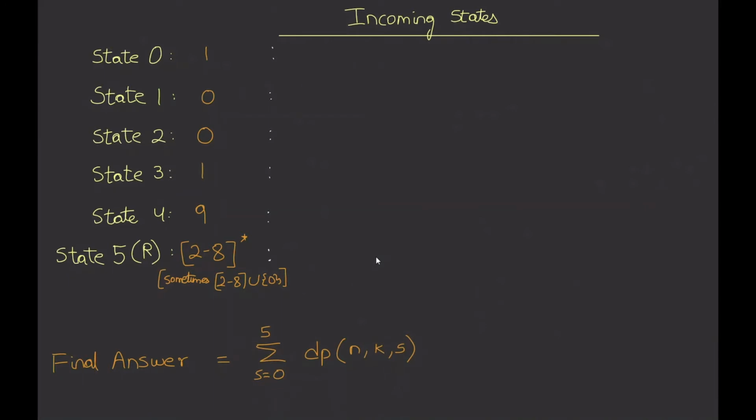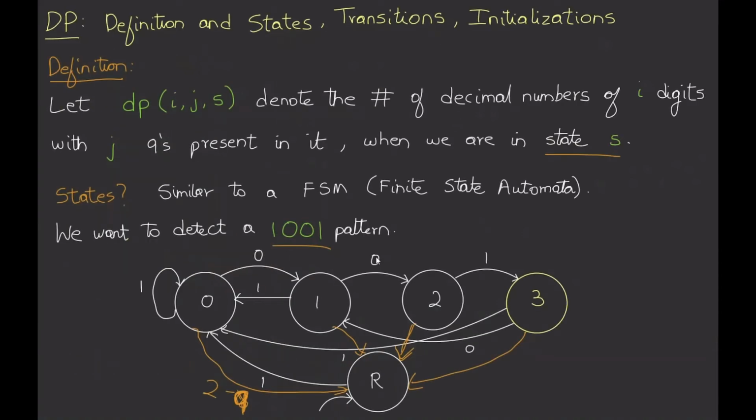If I am at state 0, what are the different possible ways for me to reach state 0? My state 0 says that I detected a 1. So, in what scenarios can I come to state 0? On seeing a 1, I could have gone to state 0 or I could have gone to state 3. But that is not always possible.